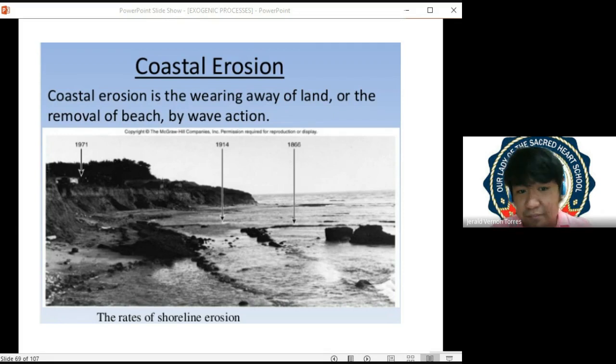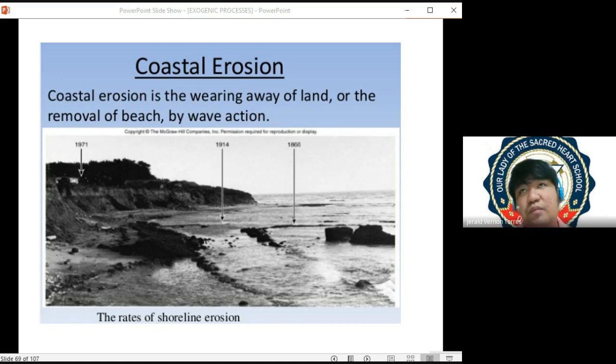And there is a possibility na ma-erode yung Manila due to coastal erosion. Although it will happen for a long period of time, pero possible magkaroon ng tinatawag na coastal retreat. And because of this coastal retreat, due to coastal erosion, there is a chance na ma-erode yung Metro Manila by the wave action ng bodies of water natin.